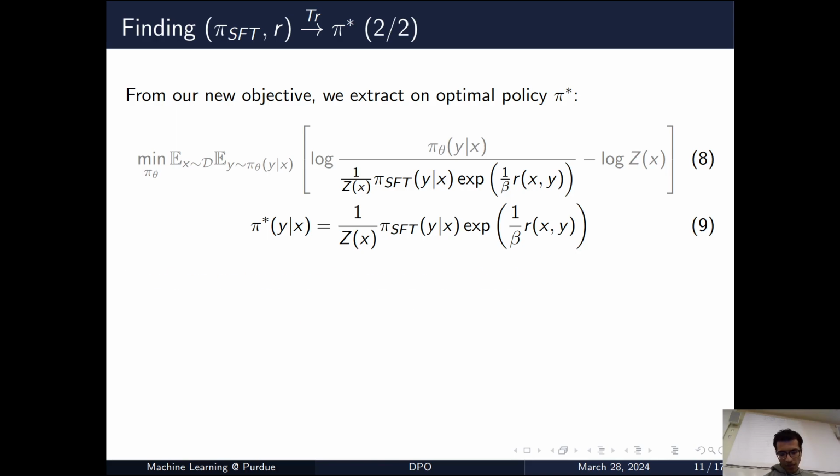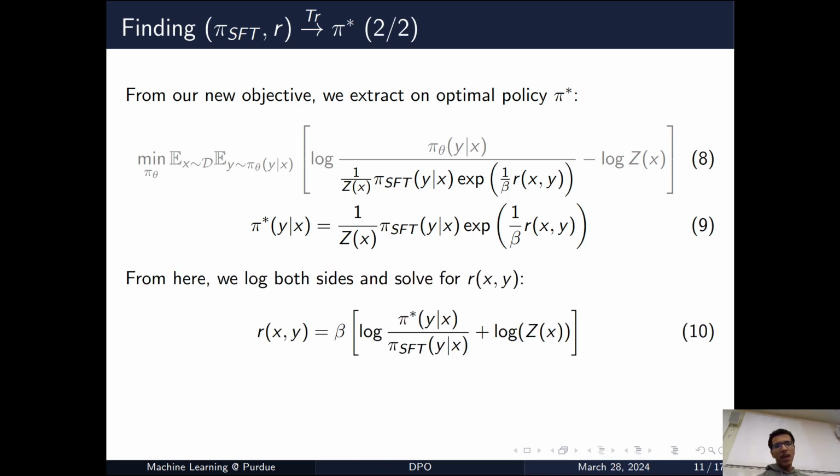Now we can log both sides and then solve for r of x comma y. So we actually calculate what our reward model should be, and we get pi star y given x over pi SFT y given x, plus log Z of x.